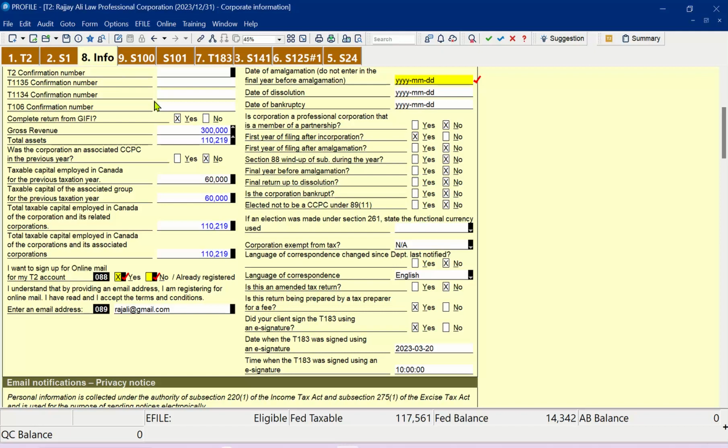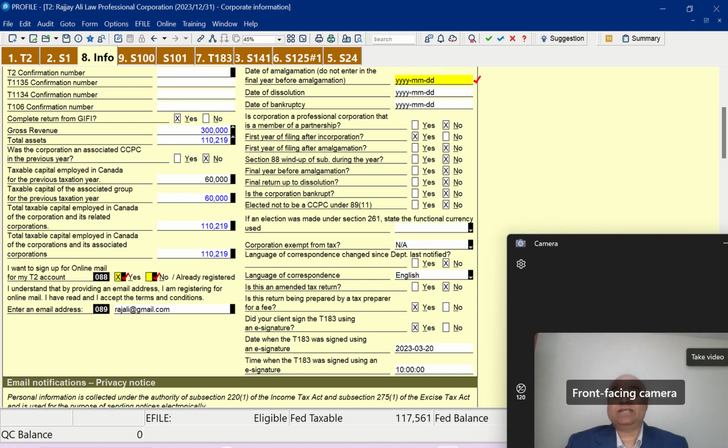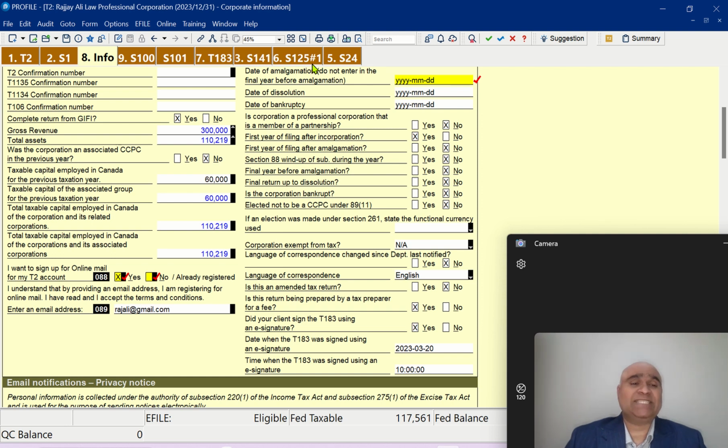Now let's look at my next step in this case. So I filled out this info sheet. Now we can go to the business revenue and expense. For a corporation, the form number is S125.